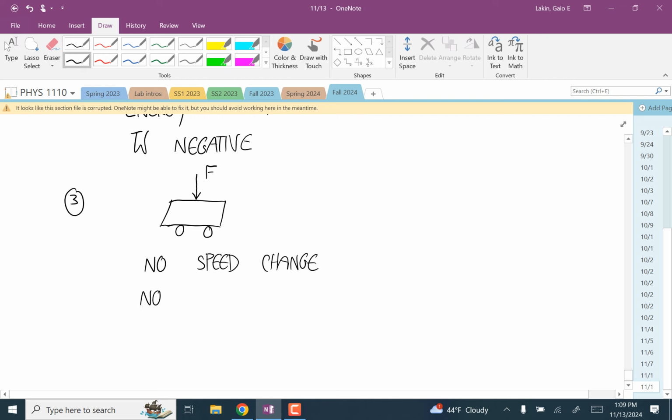Therefore, there'd be no energy change. And that means that the work is equal to 0.